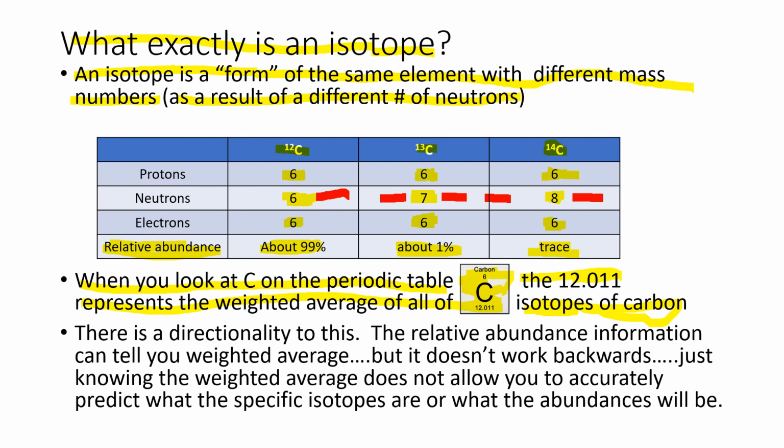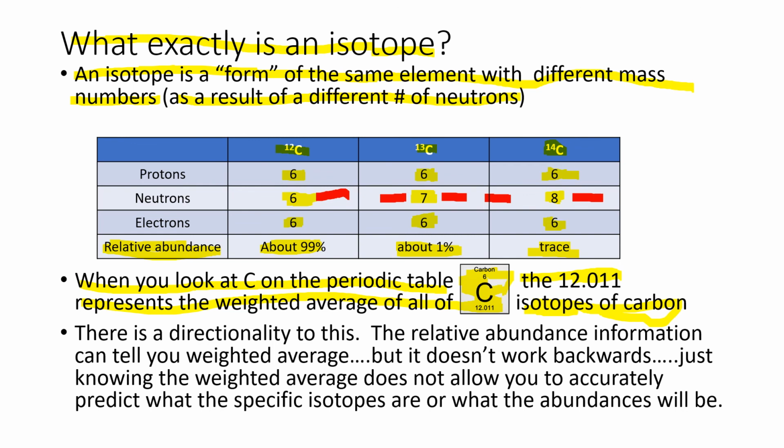So when you look at the periodic table, you're not looking at the mass of a specific isotope. What you're looking at is the weighted average of all of those isotopes with their relative abundance already factored in. Remember, there are no carbon atoms that weigh 12.011.